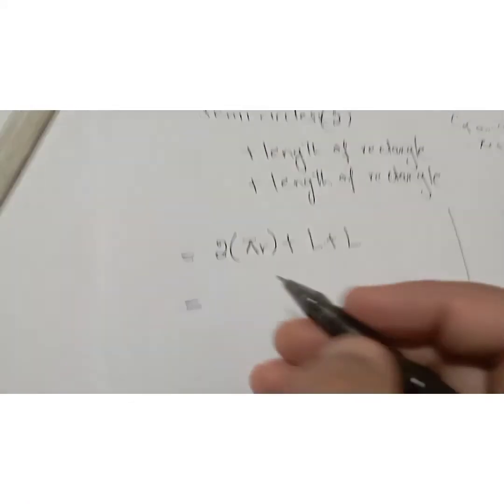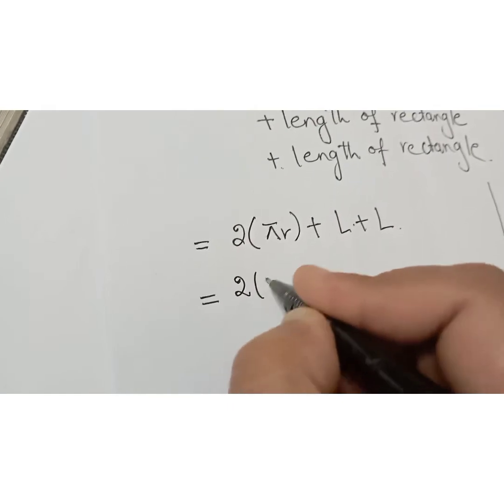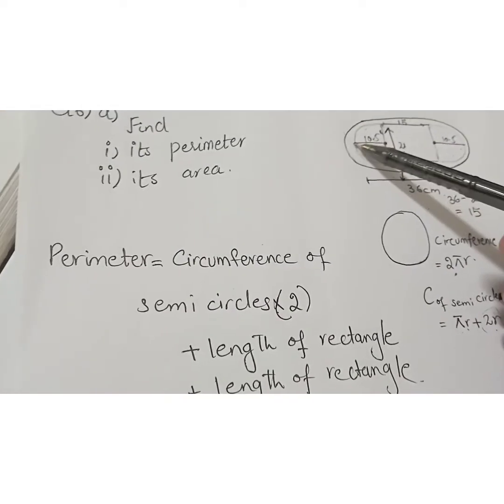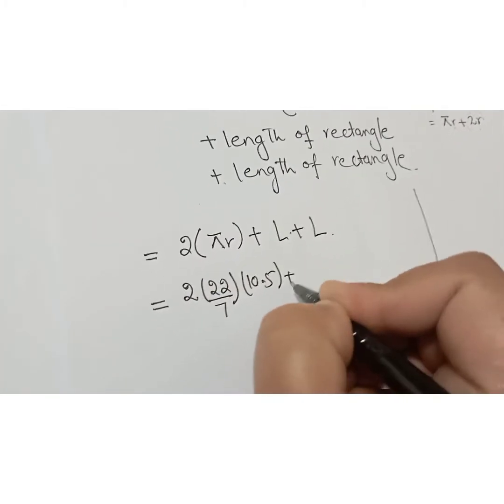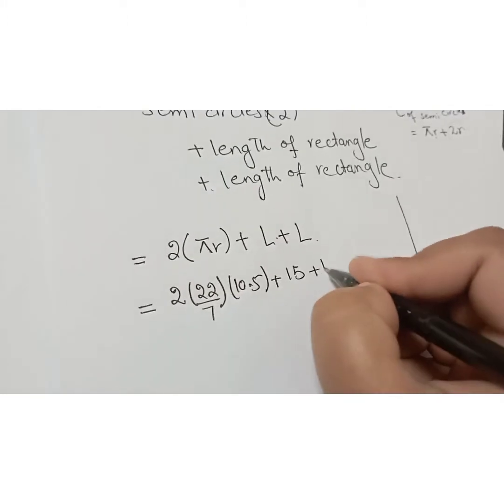So when we come over here, we will be multiplying 2 with 22 by 7, the radius, as we have concluded, is 10.5, plus the length 15 plus 15.